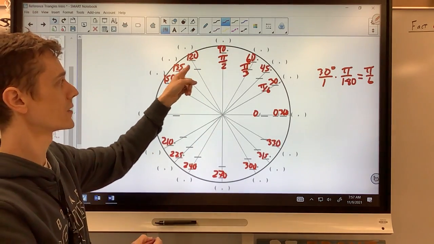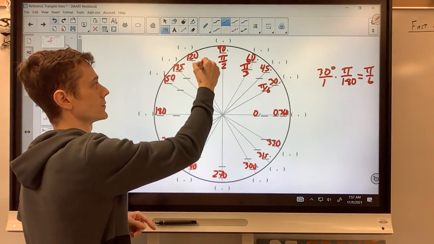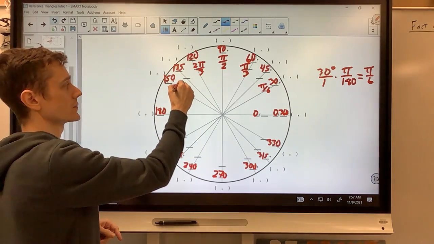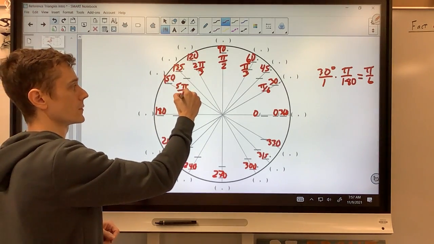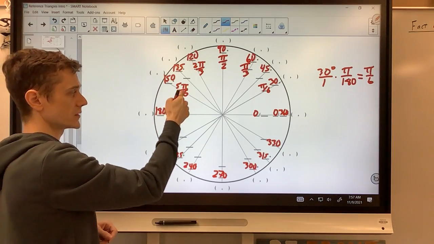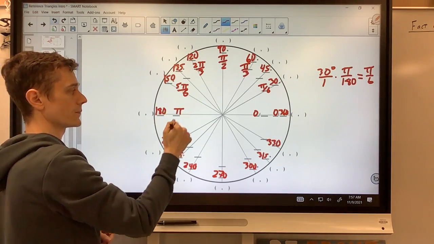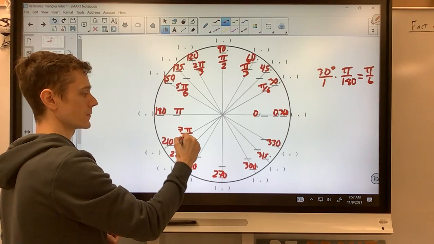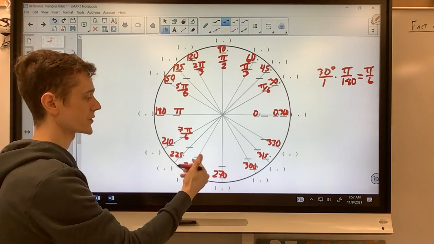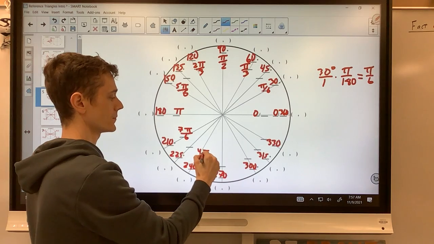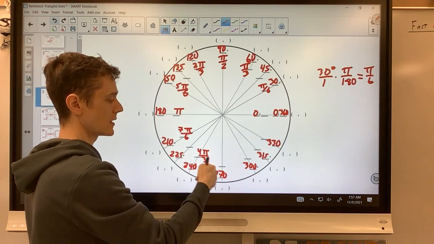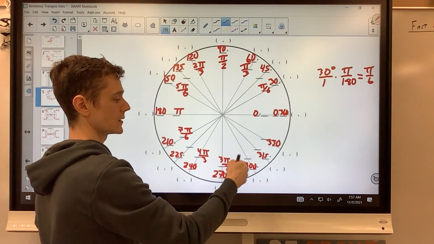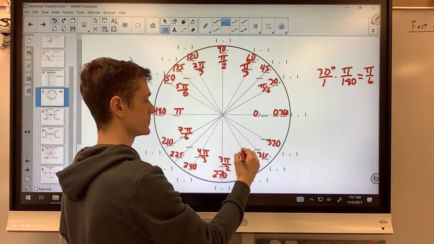And then 4 pi over 6, reduced. 5 pi over 6 does not reduce. 6 pi over 6 does reduce. 7 pi over 6 does not reduce. 8 pi over 6 reduces. 9 pi over 6 reduces. 10 pi over 6 reduces.